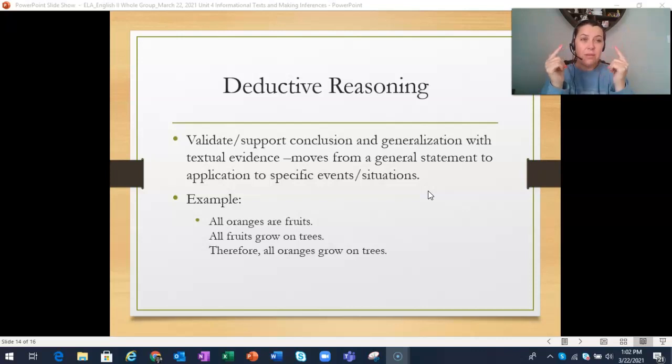So see how that reasoning went from very broad, all oranges are fruits, all fruits grow on trees, therefore all oranges grow on trees. We move from really broad to really specific. So we go the opposite of inductive reasoning, where inductive goes from specific out to general, deductive goes from very general down to specific.